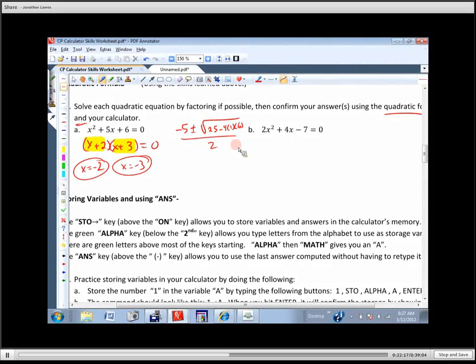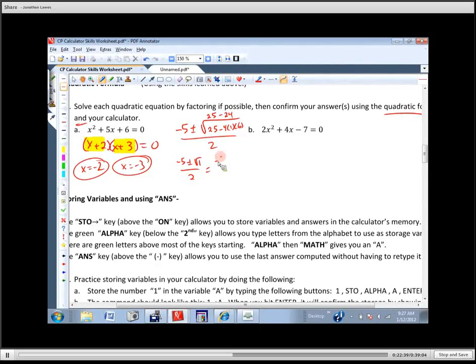And then I always have my students look at this and say, well, let's figure this out first. It's going to be 25. Is it going to be adding something or subtracting something? Subtracting, right? So we're going to do minus. It's going to be subtract 4 times 1 times 6. That's going to be 24. So this is negative 5 plus or minus the square root of 1, over 2.